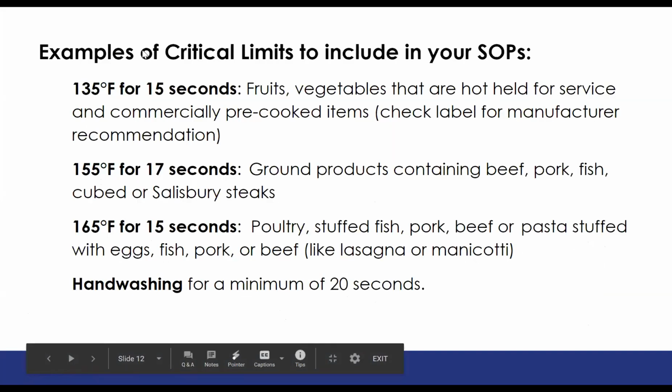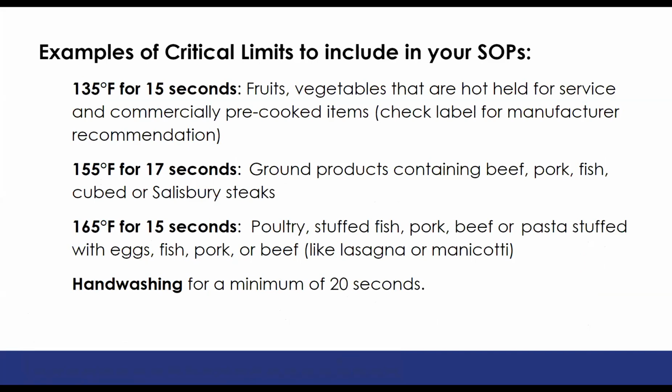So here I have some examples of critical limits to include in your SOPs, which most of these are, except we are working on the cooking of the TCS foods because we need to change the ground beef from 155 for 15 seconds to 155 for 17 seconds.